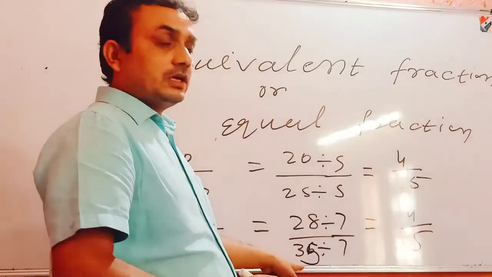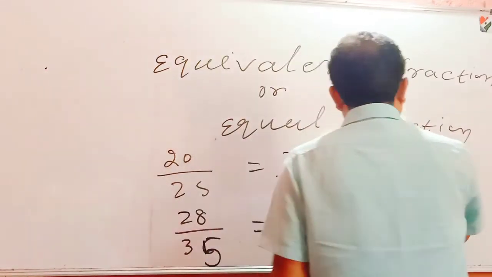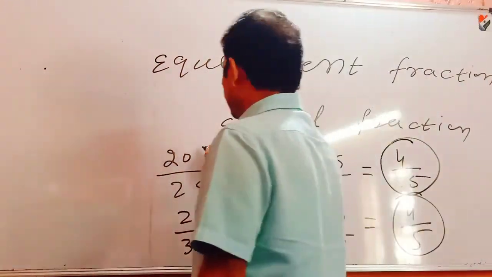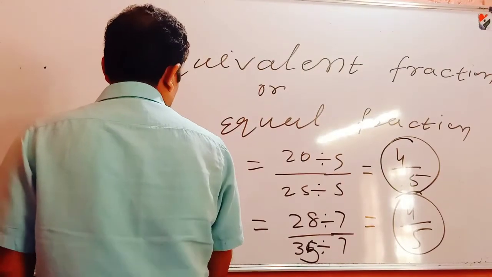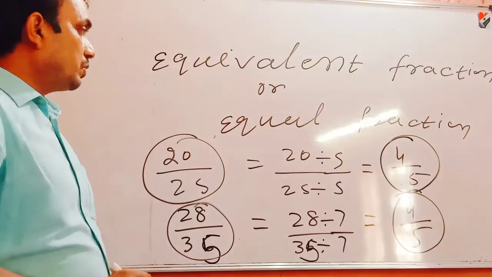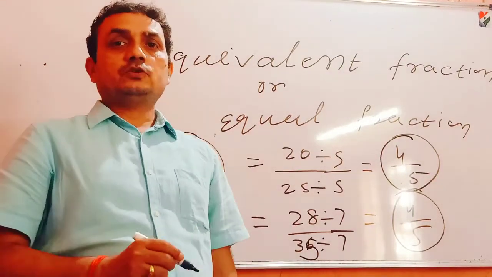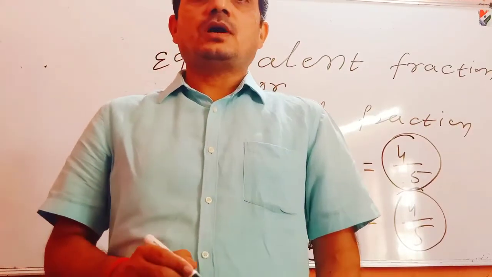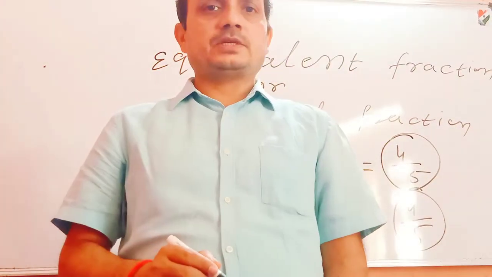Clear? So 4 by 5 and 4 by 5, 20 by 25 and 28 by 35, both are equivalent fractions. Fractions having the same value are called equivalent fractions.